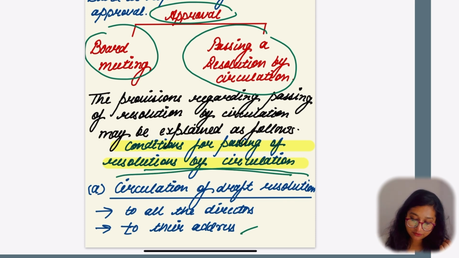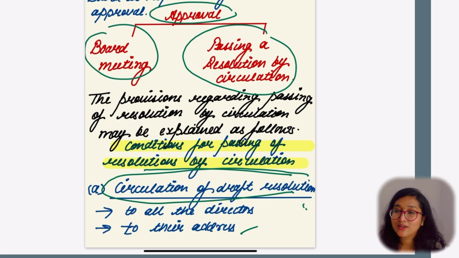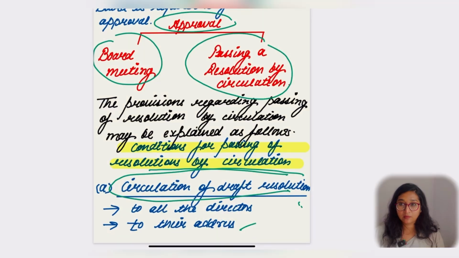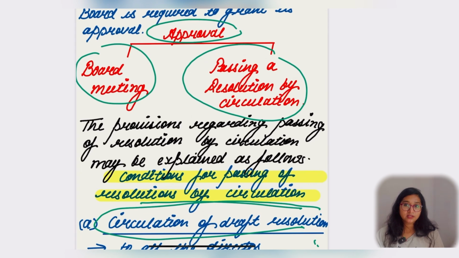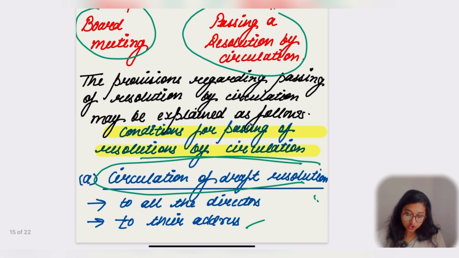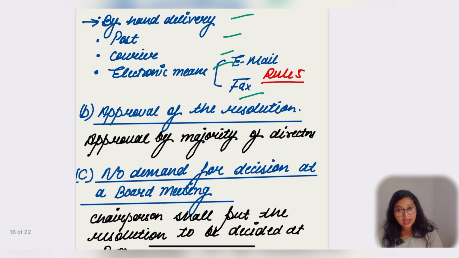The company has to circulate the draft resolution to all of its directors, whether interested director, additional director, or nominee. Whatsoever the director is, the draft resolution is to be circulated to every director, to their respective address, by hand delivery, post, courier, electronic mode, or email or fax, under rule 5. Is it clear? Yes.